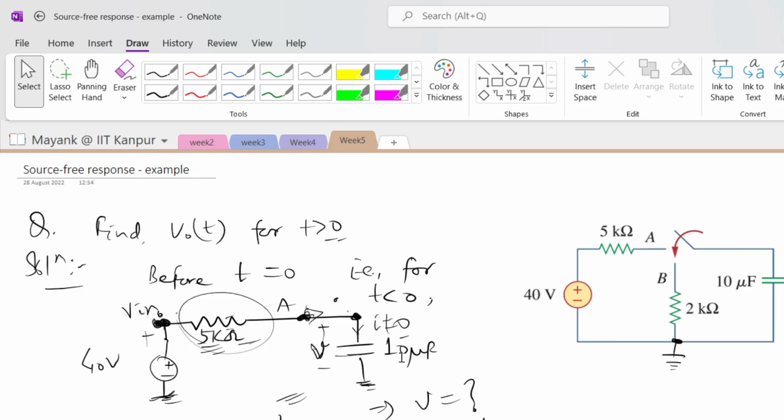So for that case, I first have to find out what happens to this voltage, because you can all agree that this capacitor will be charged.